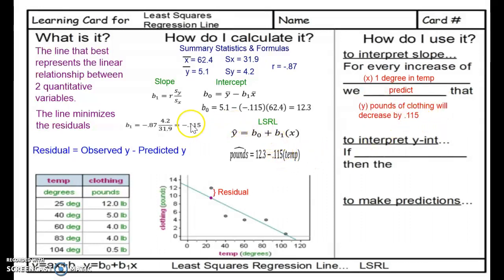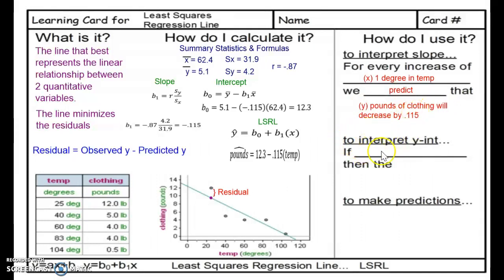Now, because this is a negative slope, that's why we have to say all of this. For every increase of 1 degree in temperature, we predict that pounds of clothing will decrease by 0.115.